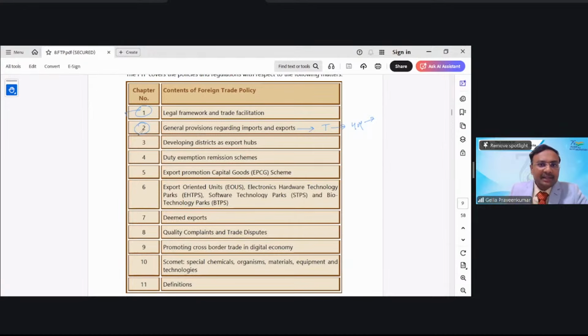Then developing districts and hubs, this is very general, where I explained STE, regulation for imports, regulation of exports, and generally dealt with these export hubs, and also how they try to develop and how it will work.